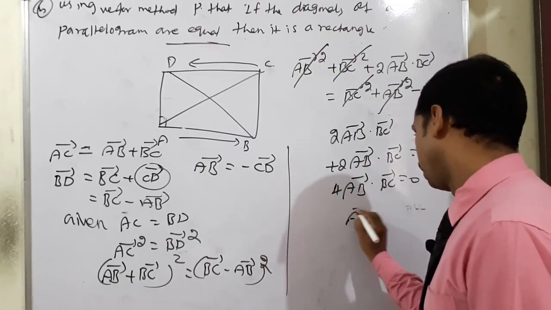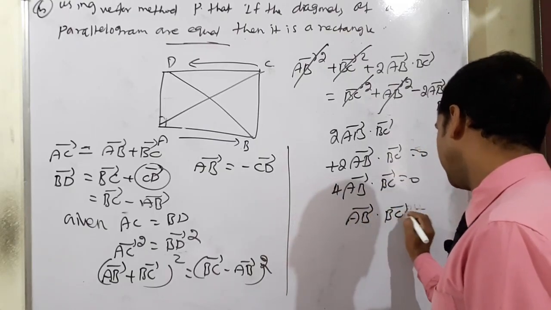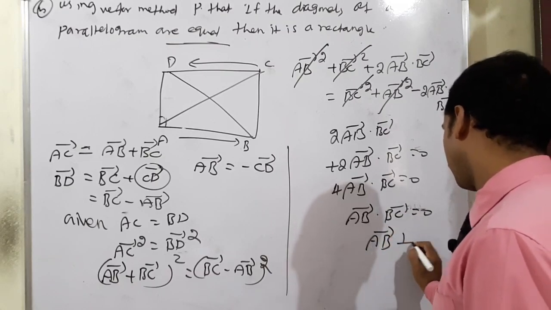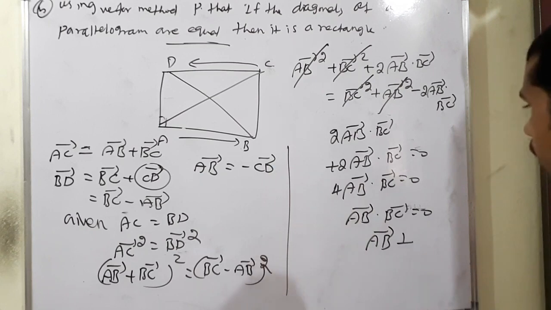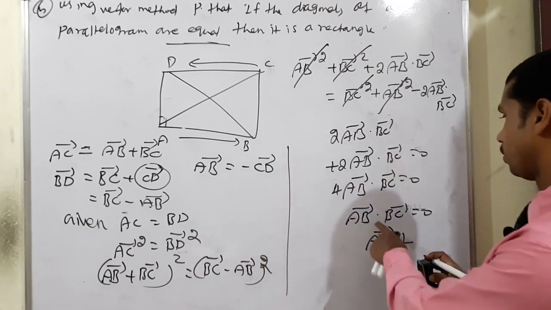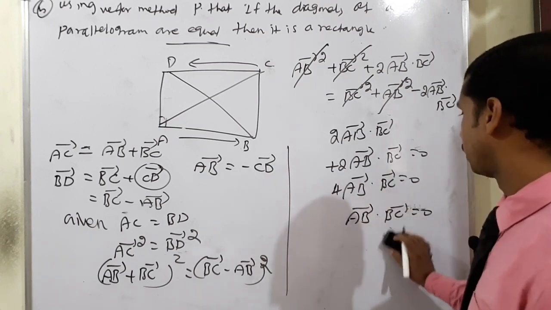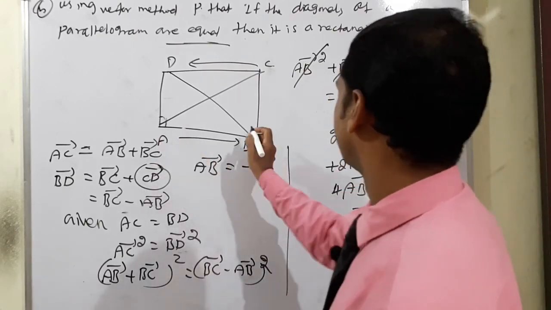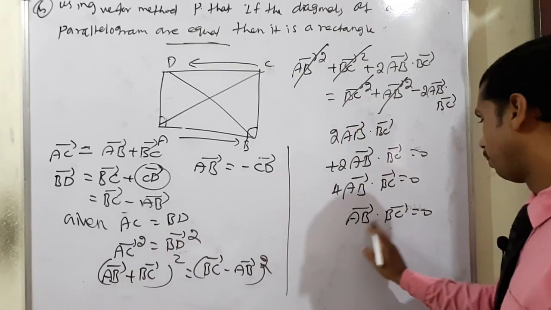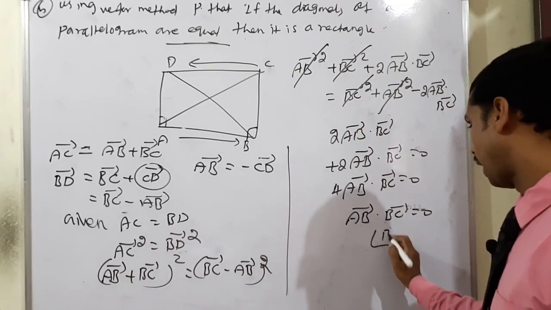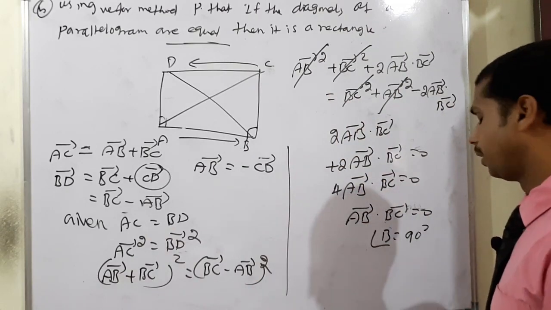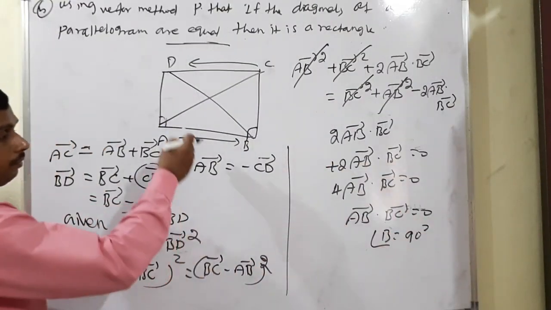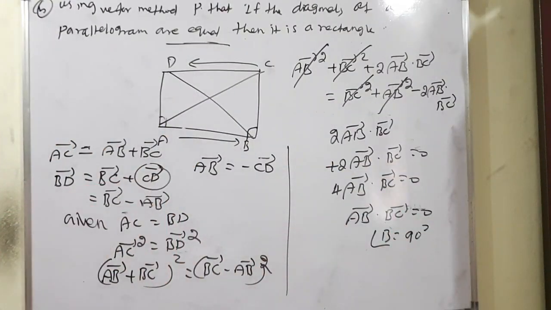Therefore we can write AB vector dot BC vector is equal to 0, which means AB vector is perpendicular to BC vector, isn't it? Perpendicular condition means look at there: AB and BC, this is 90 degree now because the common point B is there. Therefore, we can say angle B is equal to 90 degrees. So angle B is equal to 90 degree means definitely we can say whether ABCD is a parallelogram or a right angle.